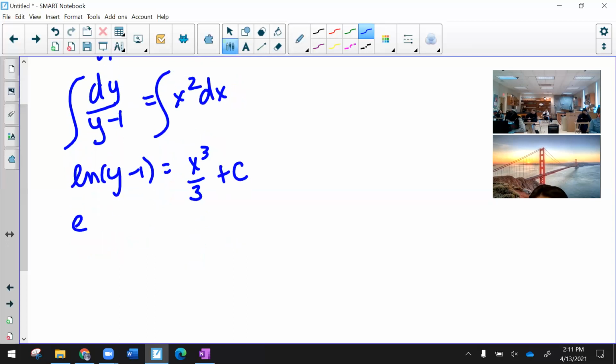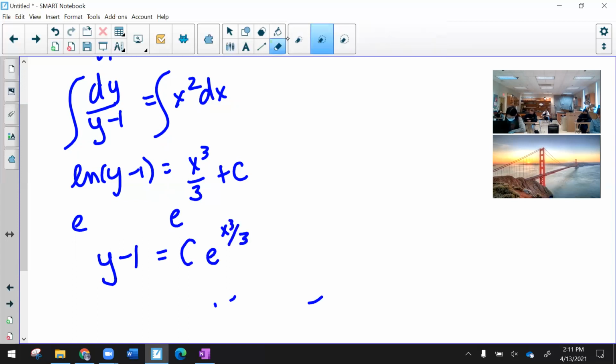I would take both sides and raise them to the e. Remember that e and natural log are inverse operators, so they undo each other. So e to the natural log of y minus 1 is y minus 1. E to the x cubed over 3 plus c, we usually write as c times e to the x cubed over 3.